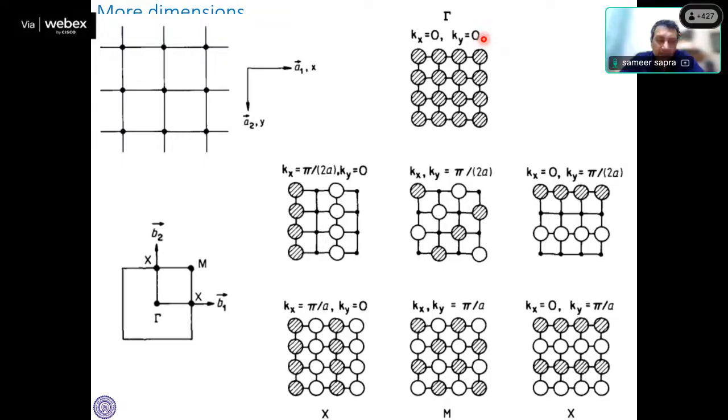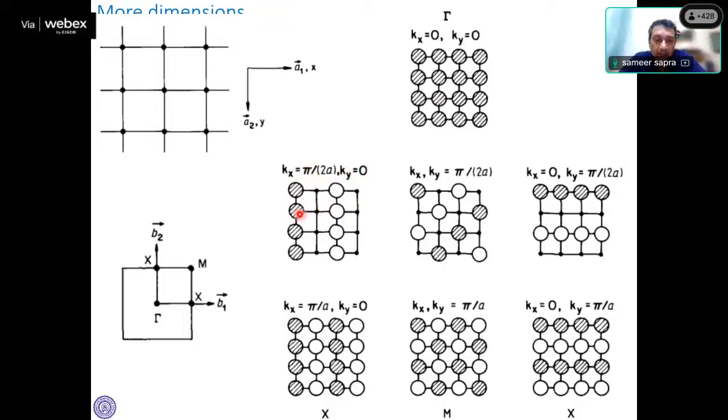Now we start naming these points also, and that's what you see in the band dispersions, right? Okay, k is equal to 0, k is equal to 0, and I take s orbitals. And then you see all of them, these are all bonding orbitals. Okay, now I will take the next one, which is kx is equal to pi by 2a and ky is equal to 0.